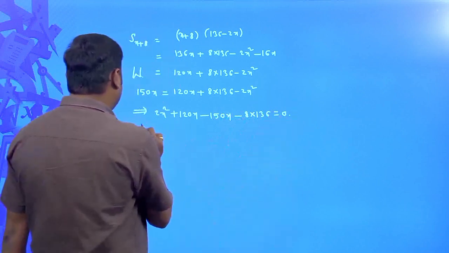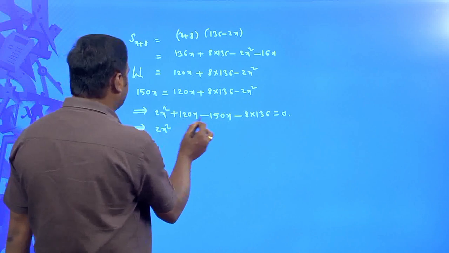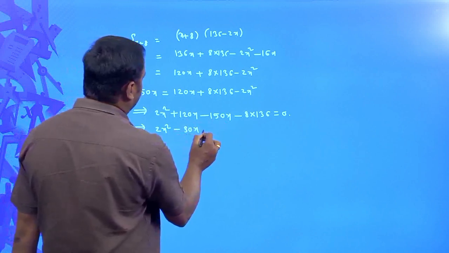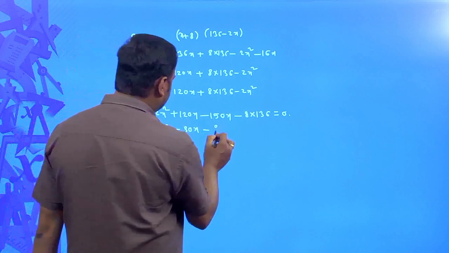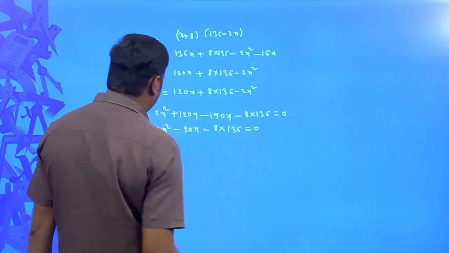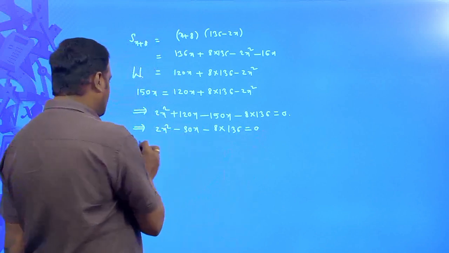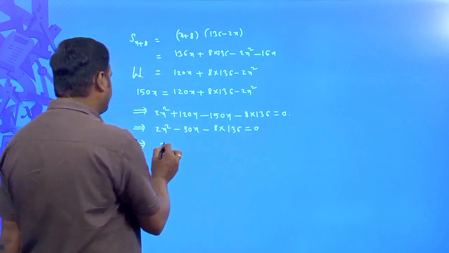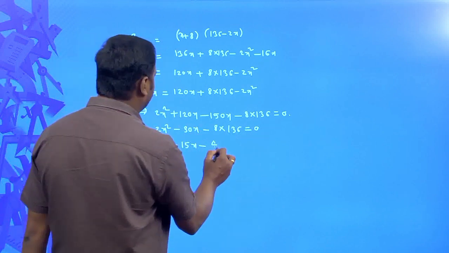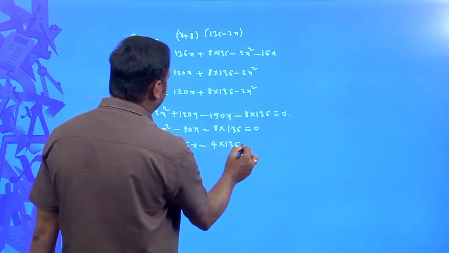That implies 2x² − 30x − 8 × 136 = 0. Can I take 2 common from every single term? 2(x² − 15x − 4 × 136) = 0.